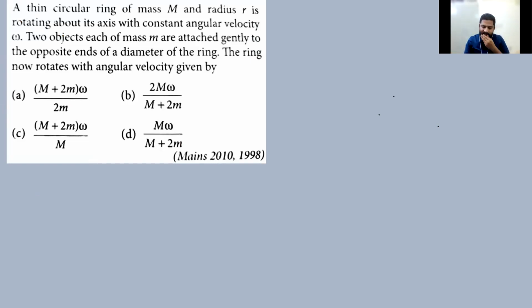Look at this. A thin circular ring of mass capital M and radius small r is rotating about its axis with angular velocity omega. Okay, in the first case there is a ring whose mass is capital M and whose radius is small r, and it is rotating. It is a ring, right?